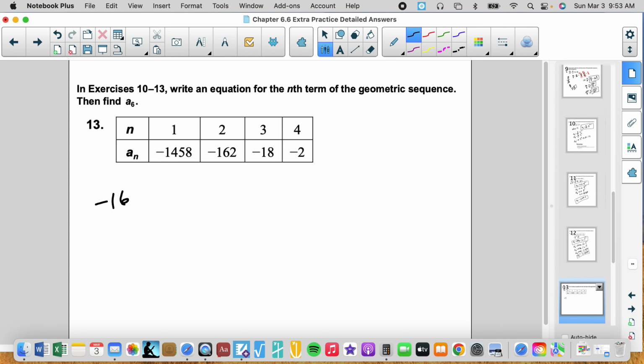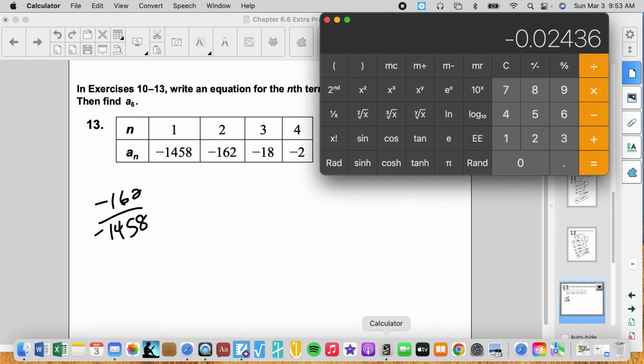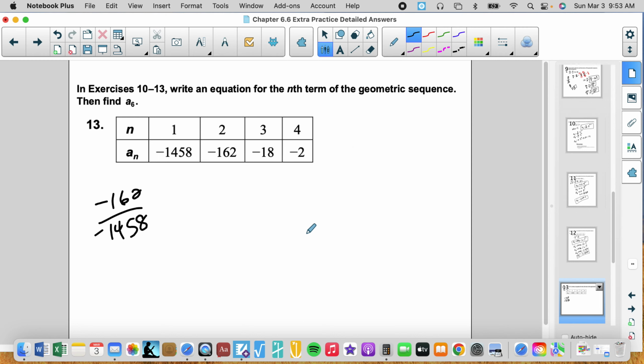Well, negative 162 over negative 1458. I don't know what that is. Let's do that. 162 divided by 1458. Negative 1 repeating. All right, so watch this. Negative 0.1 repeating, which is equivalent to negative 1 over 9.